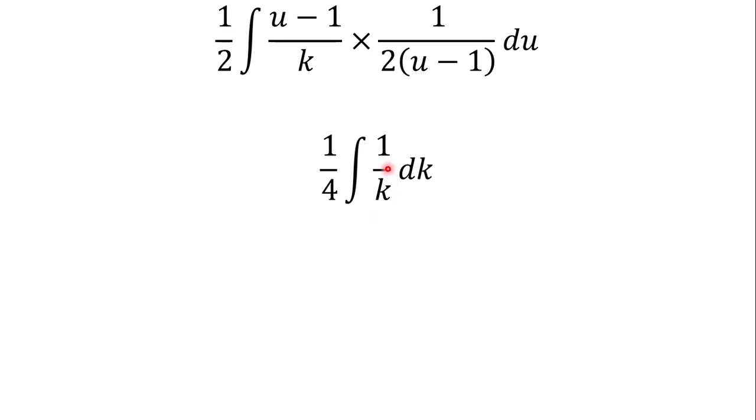Now, this one is very simple to solve. This one will give us natural log absolute value of what? K. But k is equal to u squared minus 2u plus 2.